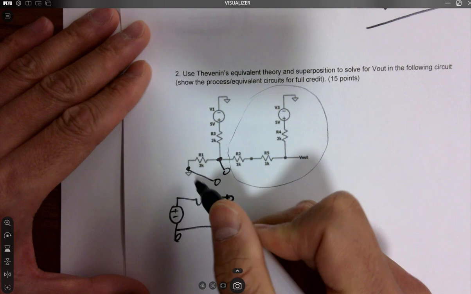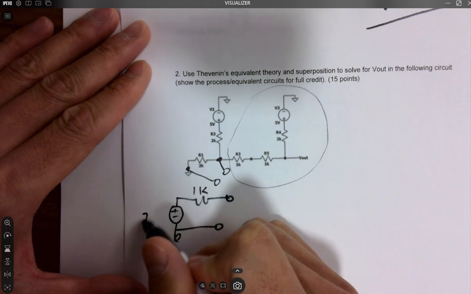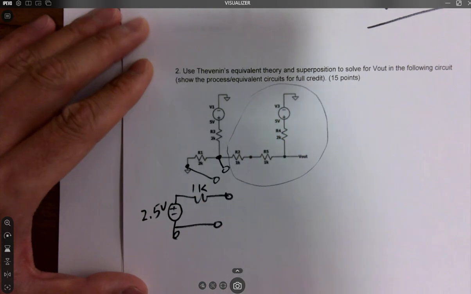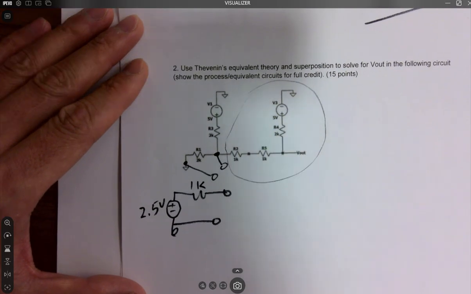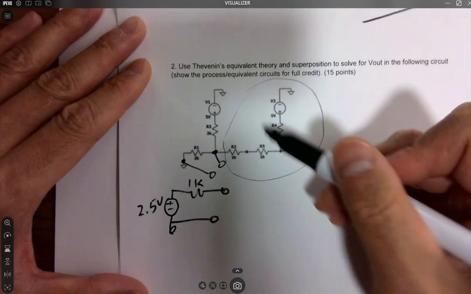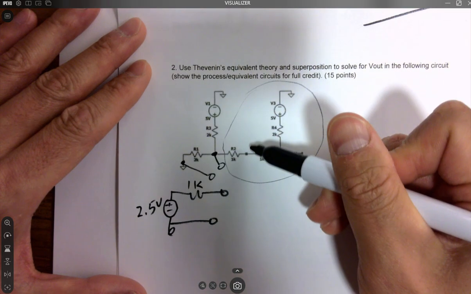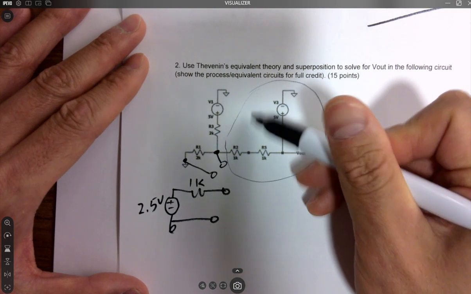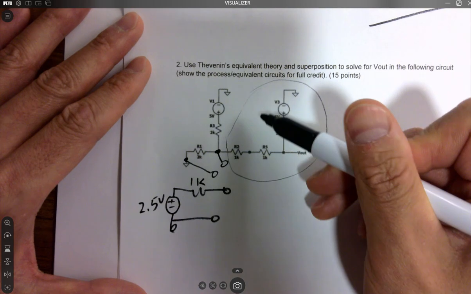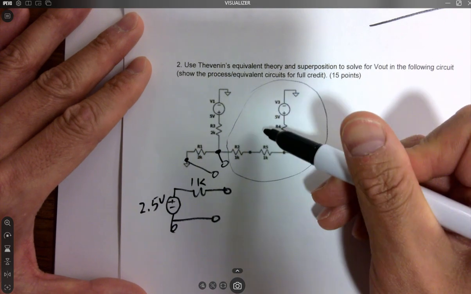With the output network, it's 1K, and with the 2.5 volts. Okay? It's actually easier than the situation when you had an extra one here, but now it's gone. So I was hoping that this can save you a little bit of time during the exam.